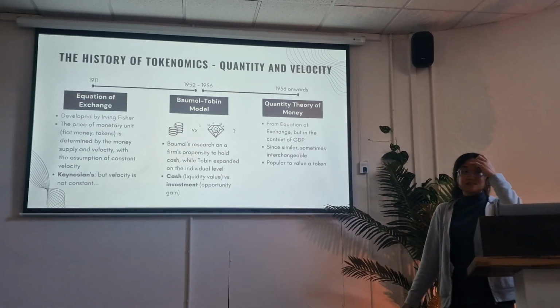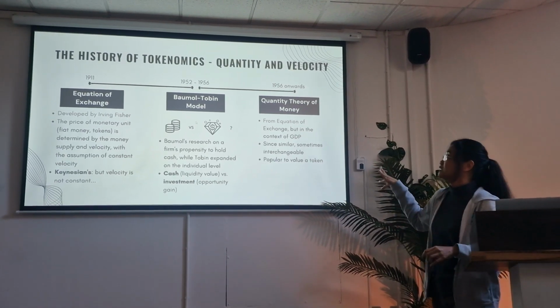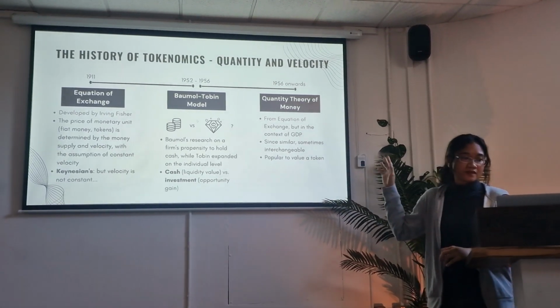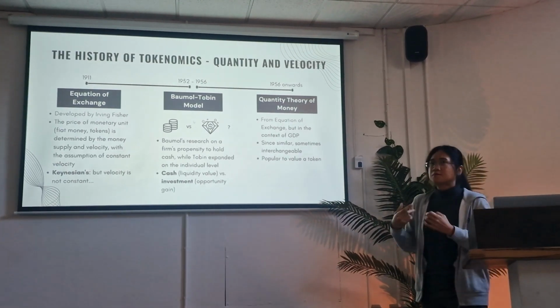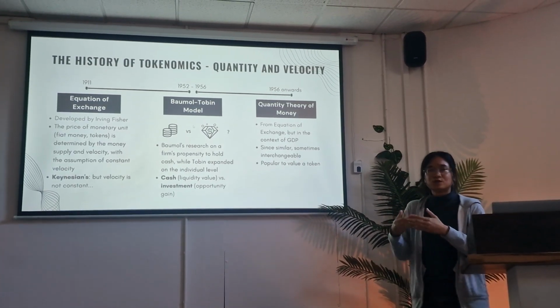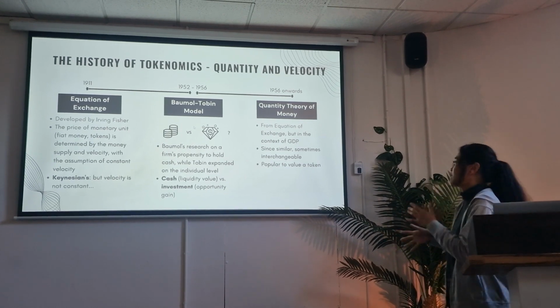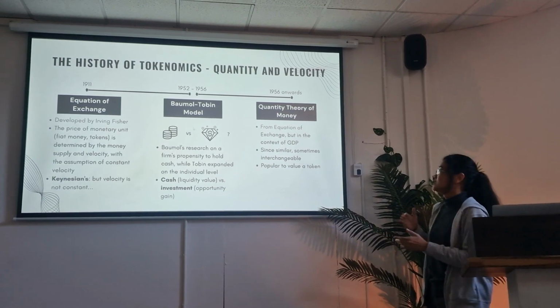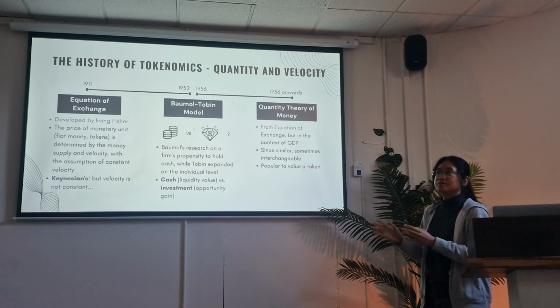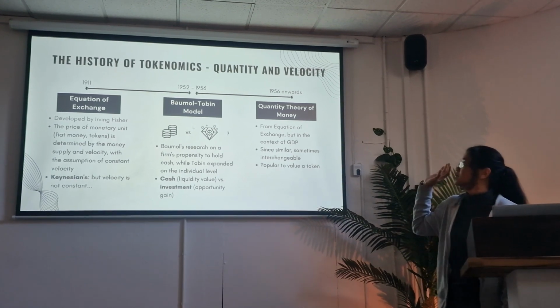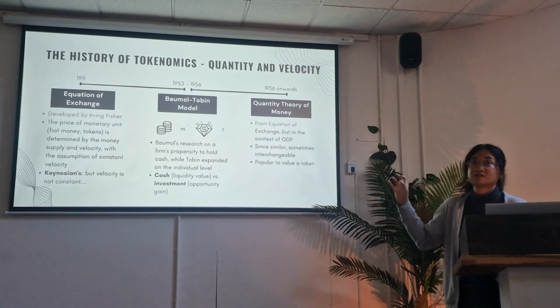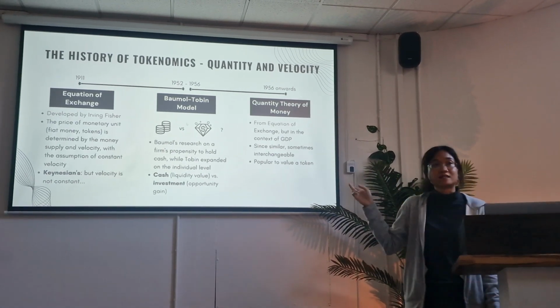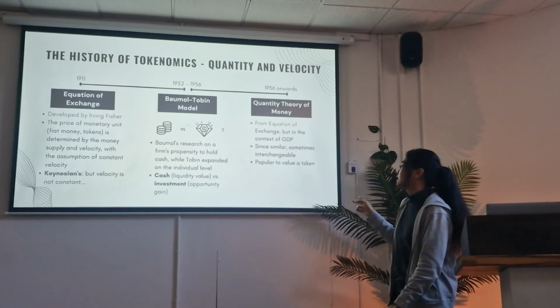And then from 1952 until 1956, Baumol and Tobin developed models for firms on holding cash versus investment. Baumol is about the firm's leaning on holding cash versus investment, while Tobin expanded the model to the individual level.